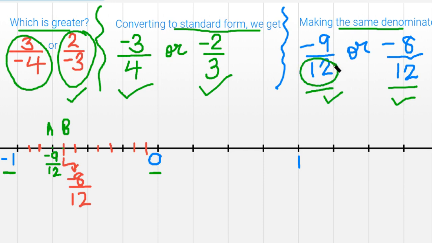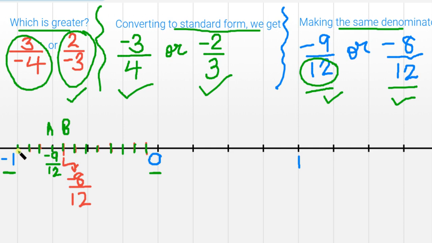The denominator is 12, so the region between 0 and 1 will be divided into 12 equal parts. Here you can see 1, 2, 3, 4, 5, 6, 7, 8, 9, 10, 11, and this one is the 12th equal part.